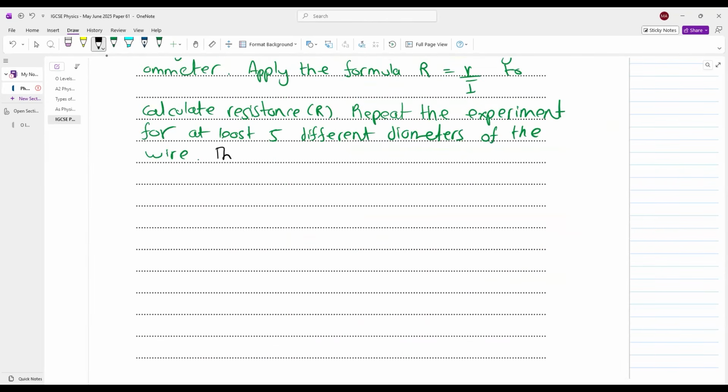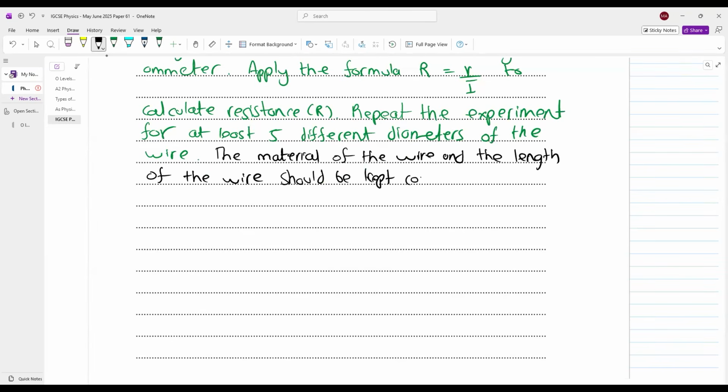The material of the wire and the length of the wire should be kept constant. Last क्या चीज लिखी हुई है भाई?